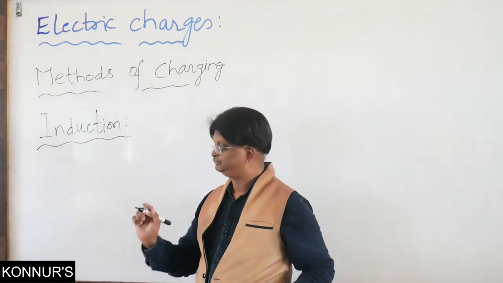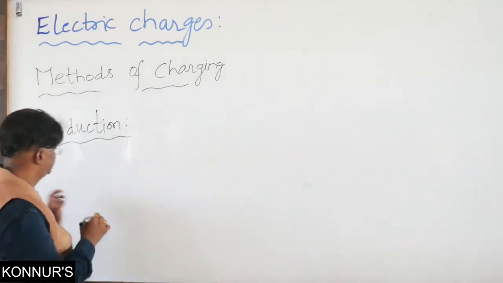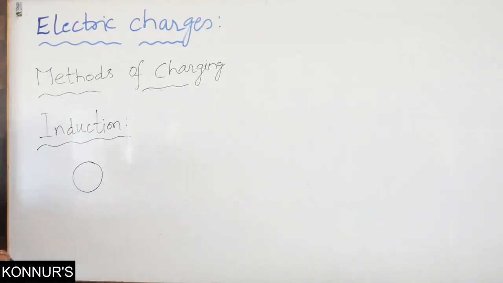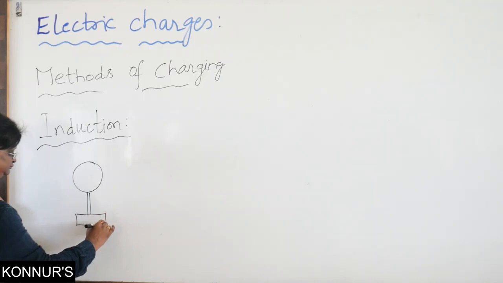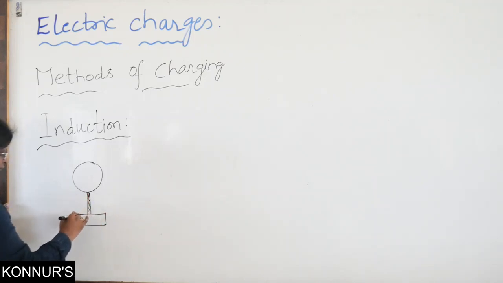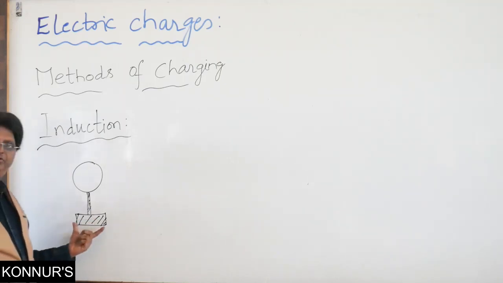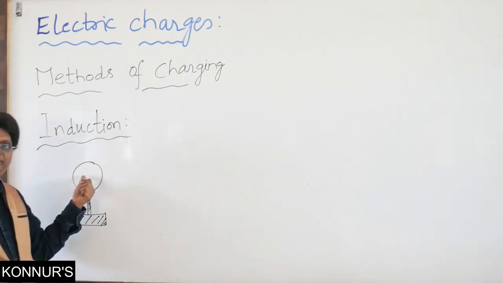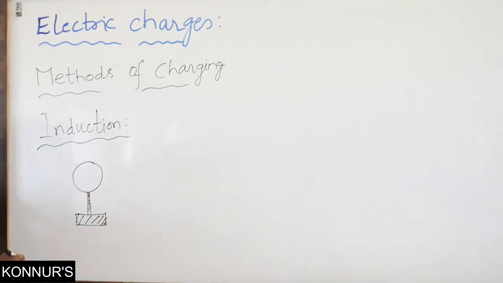Now here you see, supposing I have a copper sphere and everything, this is an insulating rod. All these things I am marking are insulating material, which does not acquire any charge. So whatever we talk about charge, it will be only on this sphere that we have shown.